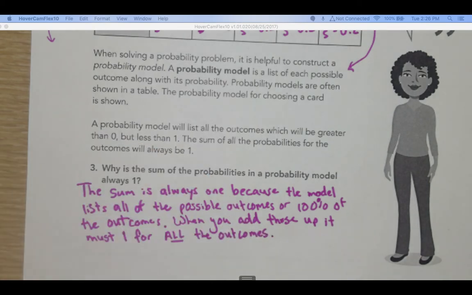The main thing to remember here is that the highest probability we can have is 1 or 100%. And if we're making a model for it and we have all the outcomes there, when we add them up, it should add up to 1, as long as all the outcomes are in our table.